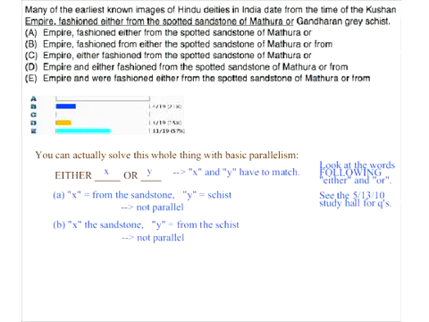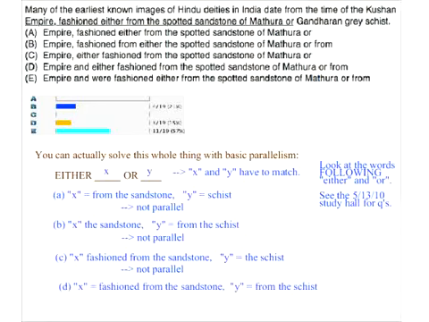C, the words following "either" are "fashioned from," and the words following "or" are just the schist. So not parallel. In D, the words following "either" are "fashioned from" again, but the words following "or" are just from the schist. That's not parallel.